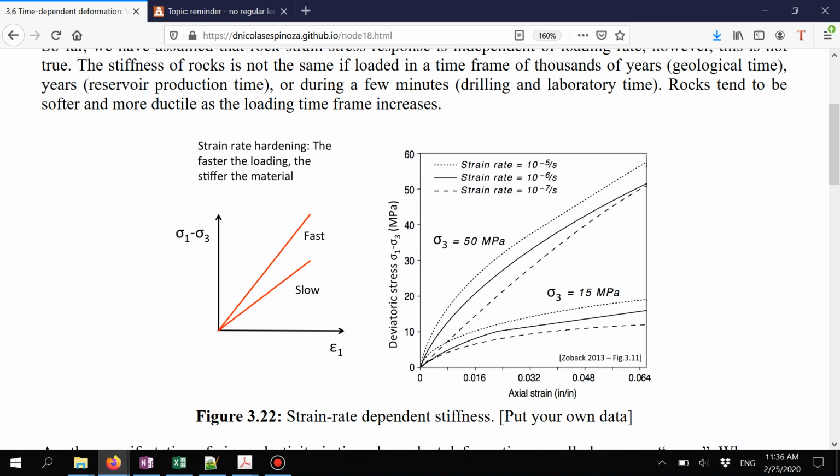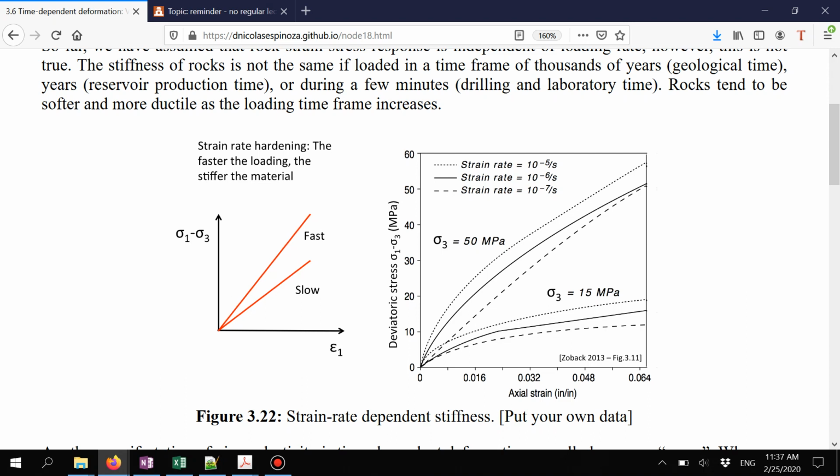And it happens that with these viscoelastic rocks, if you load them very slowly, then they will appear softer than if you load them very fast. And that's related to some of the properties that we said before.